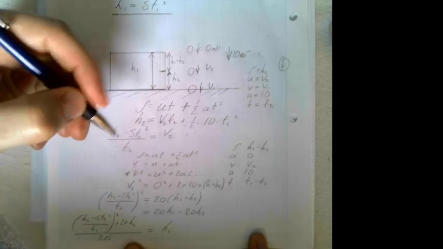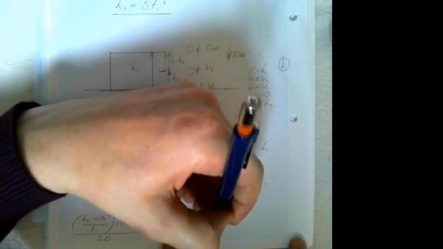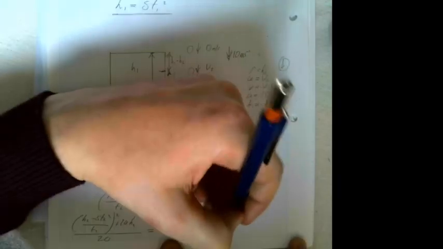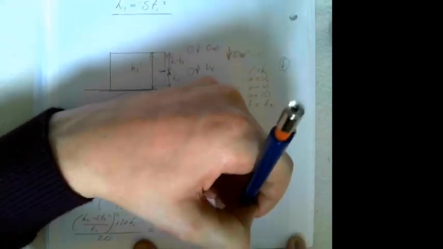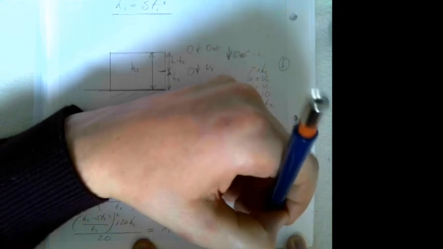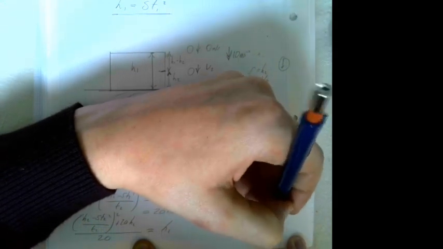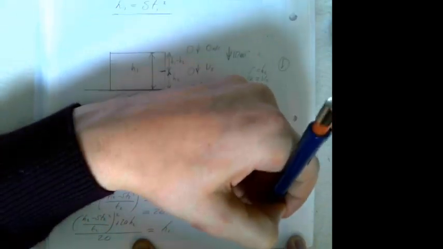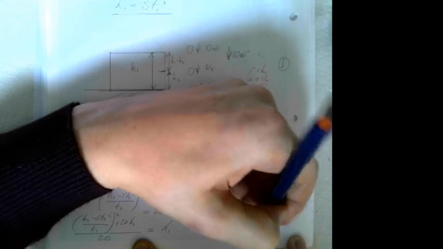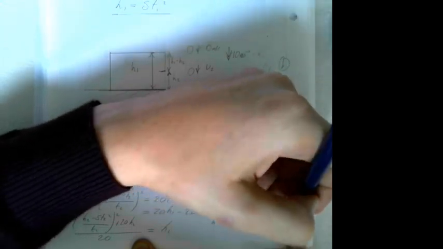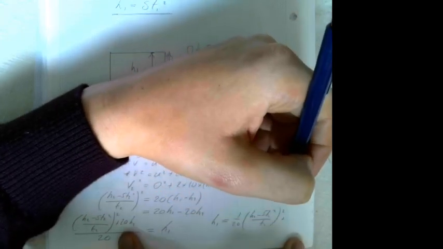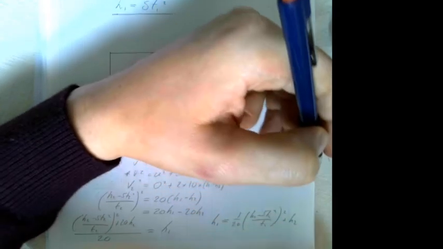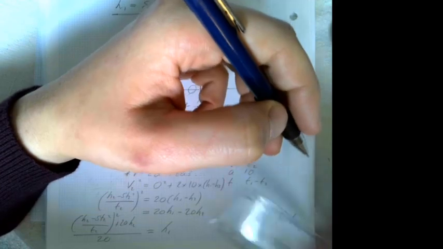Don't forget a squared there. So that's going to mean my H1, we can at least simplify the 20ths out here, can't we? So that's going to be 1/20 of my H2 minus 5 T2 squared over T2, all squared, plus a 20th of 20 H2, so plus H2. And that's our answer.